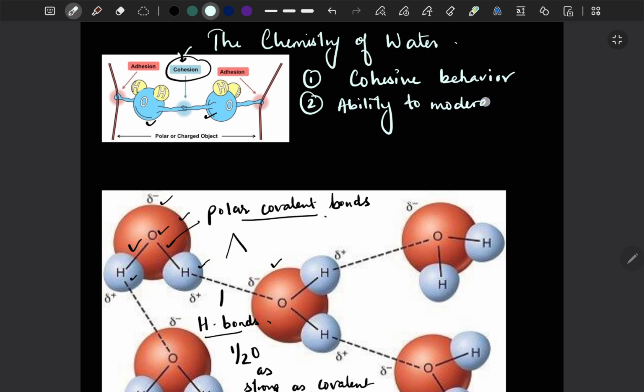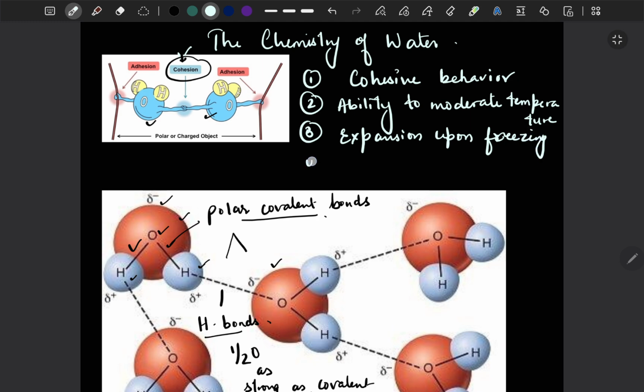Ability to moderate temperature. Then third, expansion upon freezing. And then fourth, it is a universal solvent. So, it is a versatile solvent, versatility as a solvent. Clear? All these properties we will study in detail.